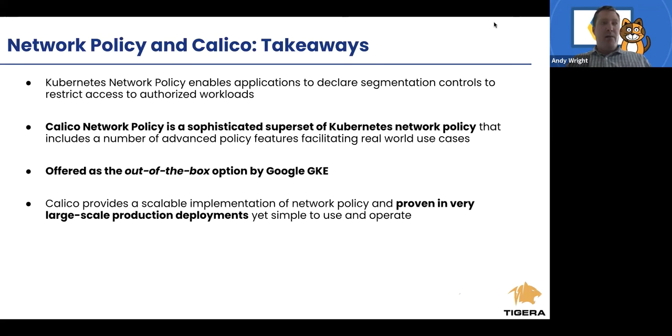And we've been proven at very, very large scale. There are several very well-known platforms out there, streaming the videos that we watch, and doing a lot of the analytics supporting large enterprises, all running massive deployments on top of Calico, and it's quite a scalable option. So I'm just going to pause there.